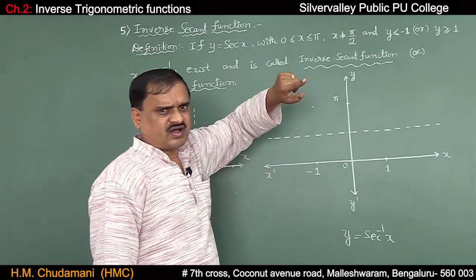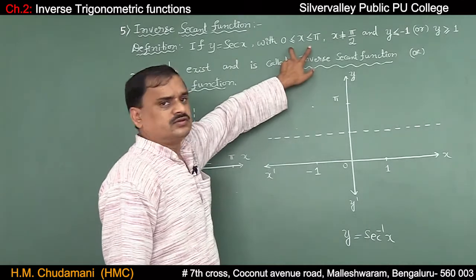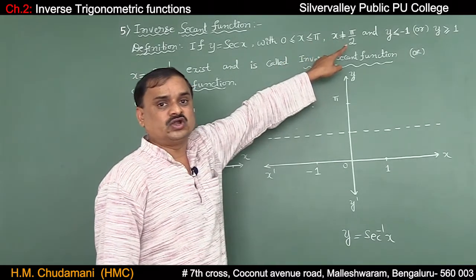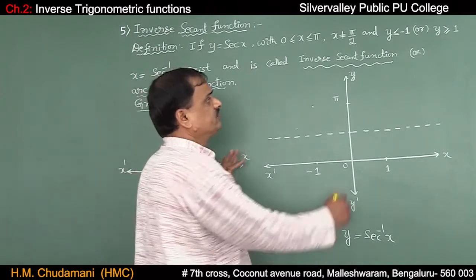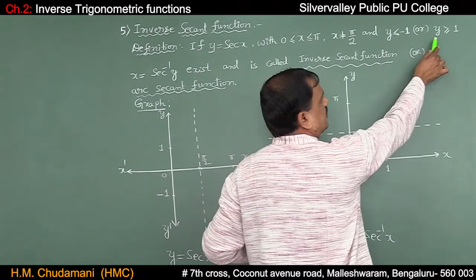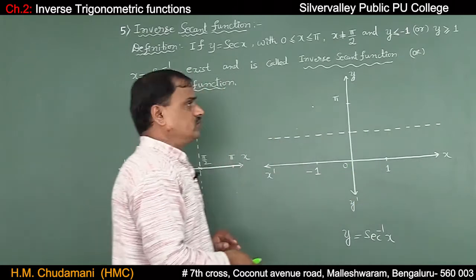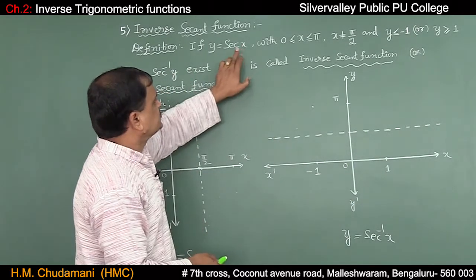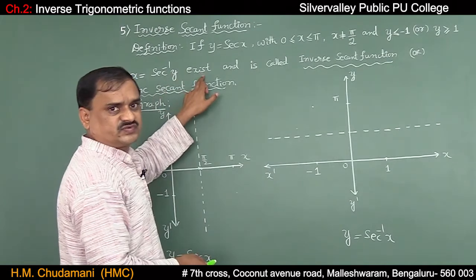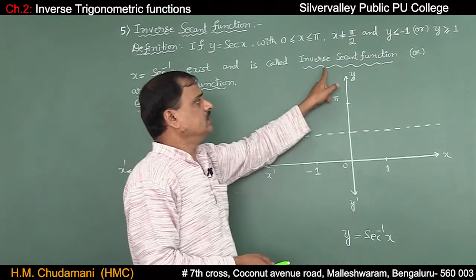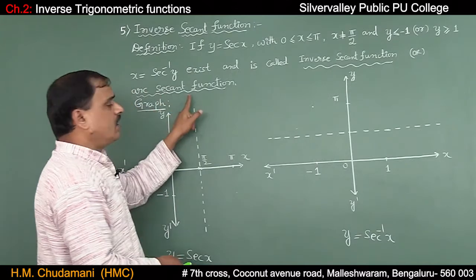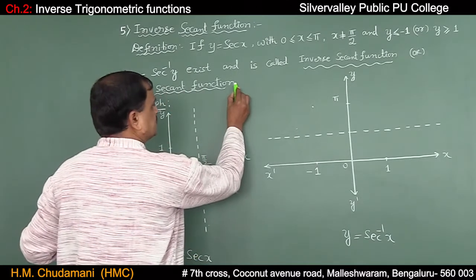Whereas in case of cos inverse, the closed interval 0 comma pi, here x should not be pi by 2, not defined, and y less or equal to minus 1 or y greater or equal to 1, then x is called secant inverse y. X equals secant inverse y exists and is called inverse secant function or arc secant function.